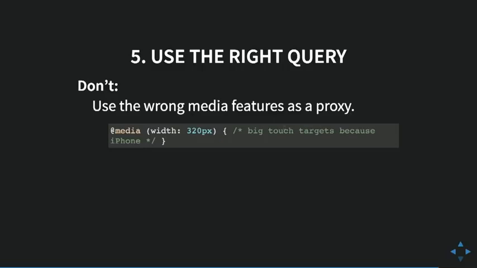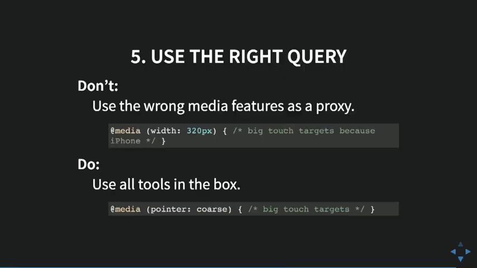Don't use one thing as a proxy for another one. If you want to say, yes, when I'm on a phone, I need big buttons because fingers are large and otherwise it doesn't work, don't test for the width of the device and say if it's small, it's a phone. It might not be. It might be a small laptop. It might be a small window on a large laptop. Or there might be large devices such as tablets, which haven't been invented when you write your website, so testing for the width fails.